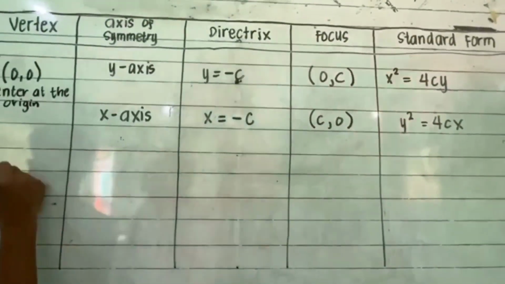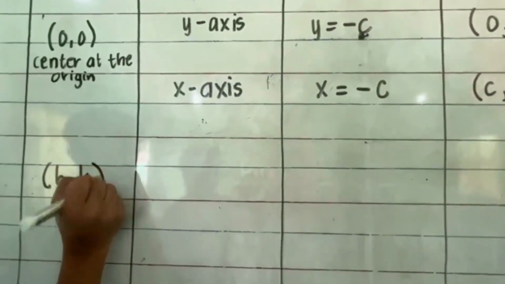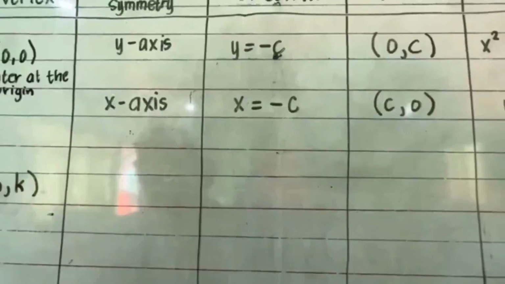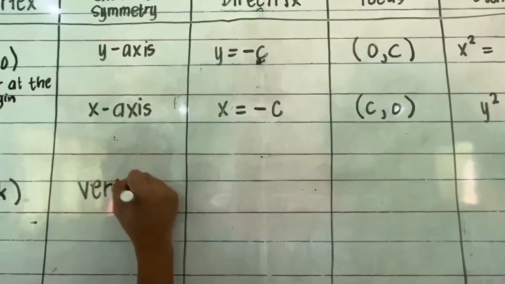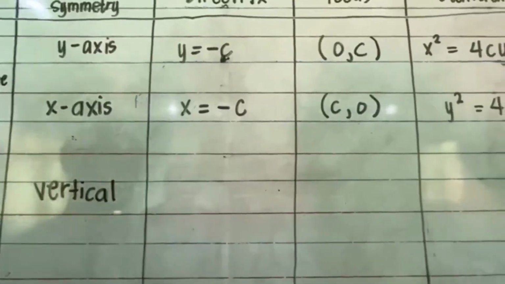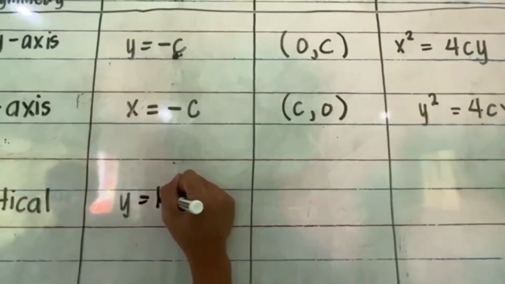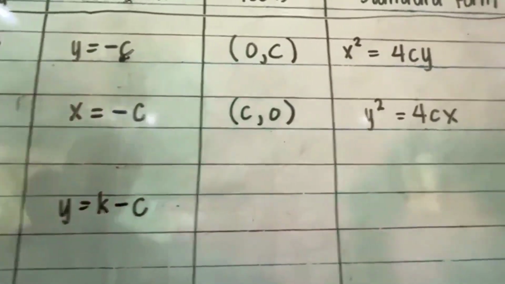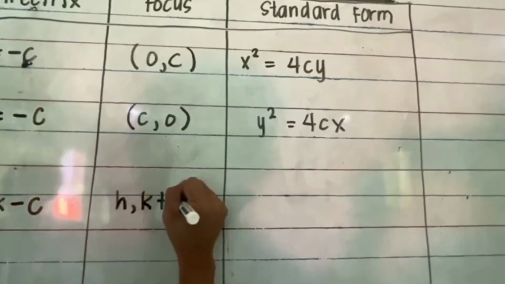Next, we have the (h, k). First, we have the vertical, with its directrix y equals k minus c, and its focus (h, k plus c).